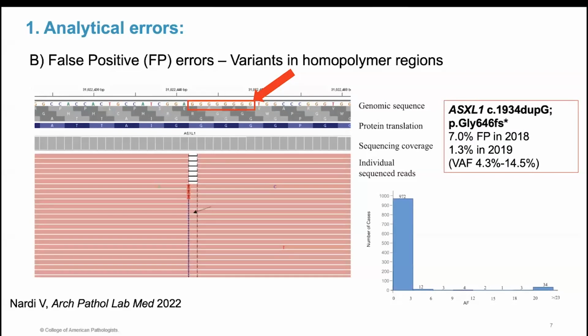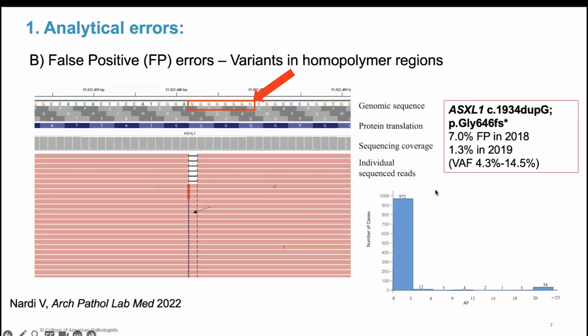In 2018, about 7% of laboratories had a false positive result, as they reported out this variant when it was not supposed to be there. But fortunately, this error rate dropped to 1.3% in 2019. The variant allele frequency for this variant was between 4% and 14.5%.